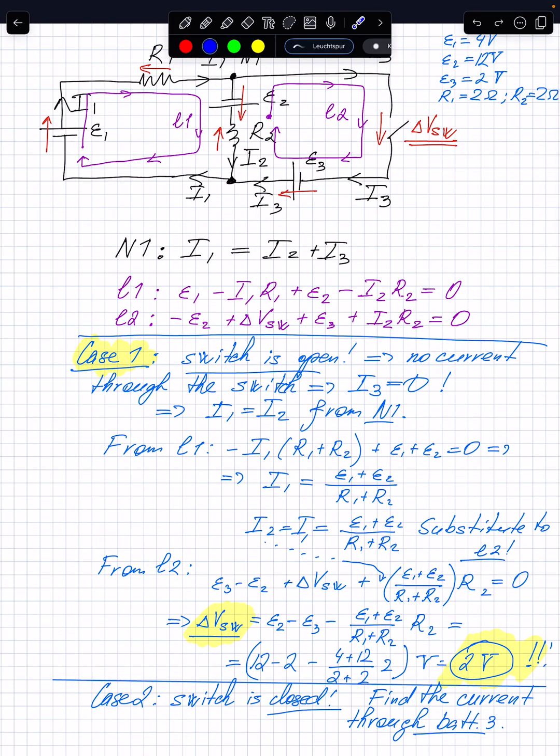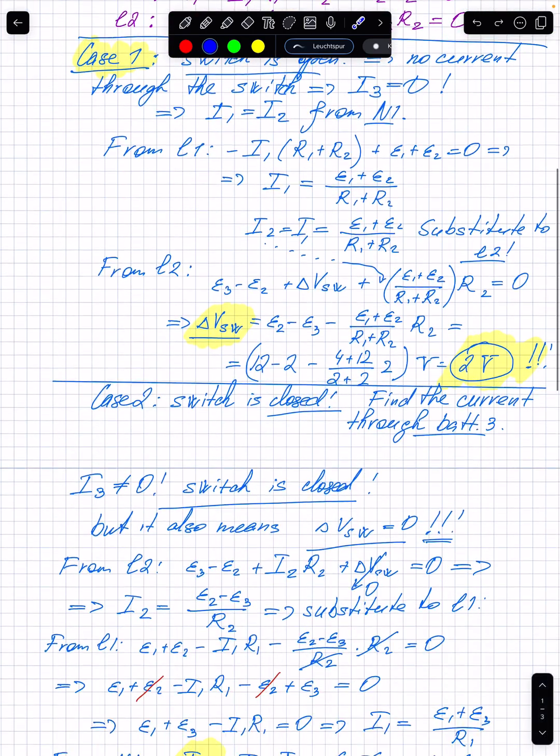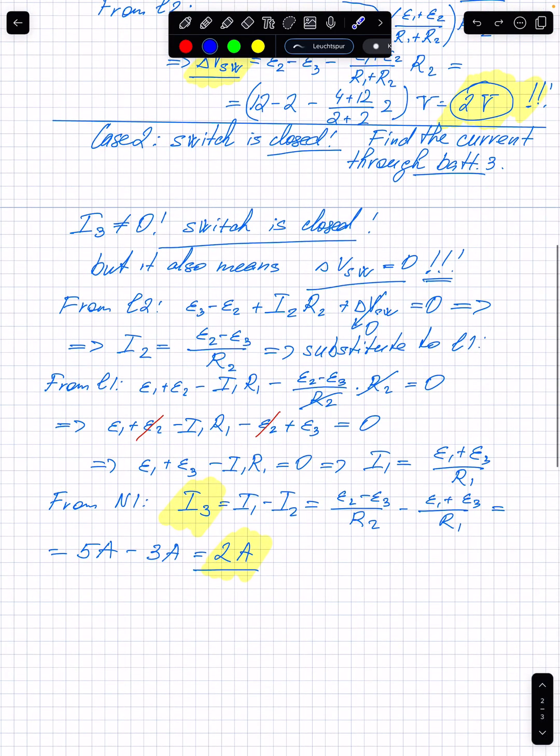What do we want to find? Actually, we want to find the current through this third battery. You can find the current through all the batteries, but I would like to just find the current through the third. The current is not 0 now because the switch is closed, but what is 0 is delta V of the switch. So from L2, I'm just rewriting L2.